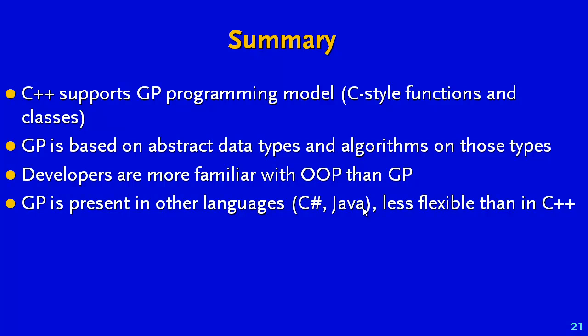Now, generic programming, does it exist in other languages? The answer is yes. In C#, for example, it is called generics. If you know C#, C# generics is certainly not as advanced as C++ templates. Java has, in my opinion, an attempt to support generics. I think it's in version 1.6 of Java.